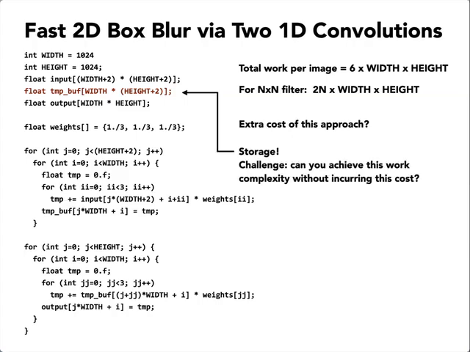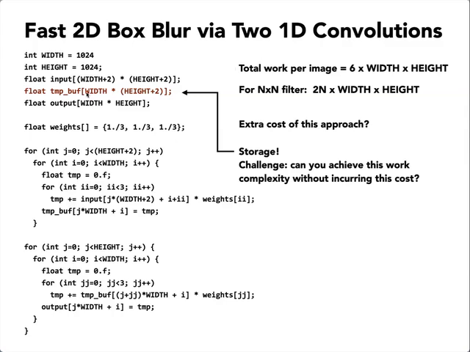Okay, let me just sort of wrap up the talk here. So the extra cost of this approach, at least in this implementation, is extra storage. This is an interesting challenge. This is something that image processing engineers who implemented some of these early digital camera filtering operations, such as denoising, that use this approximation as a key optimization, had to think about. There are separable filters.